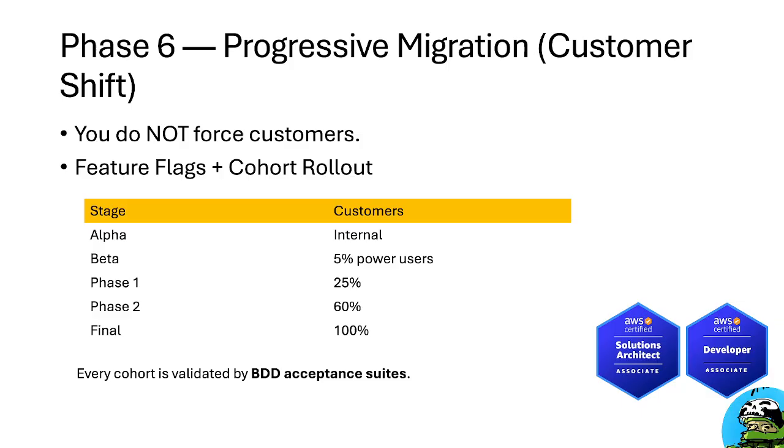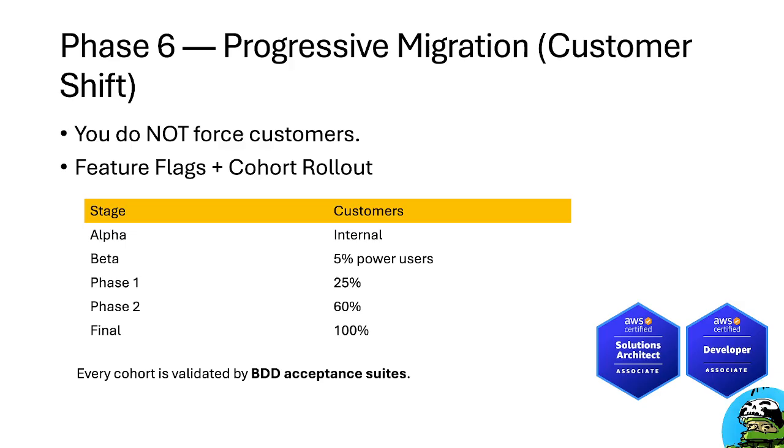And phase 6 is progressive migration, customer shift. Do not force customers. Yeah, we're not going to force the customers. We have to put it in phases. First, this will all be tested by internal users, so that is the alpha stage. In the beta stage, 50% of the power users, you invite to test the new application and give feedback.